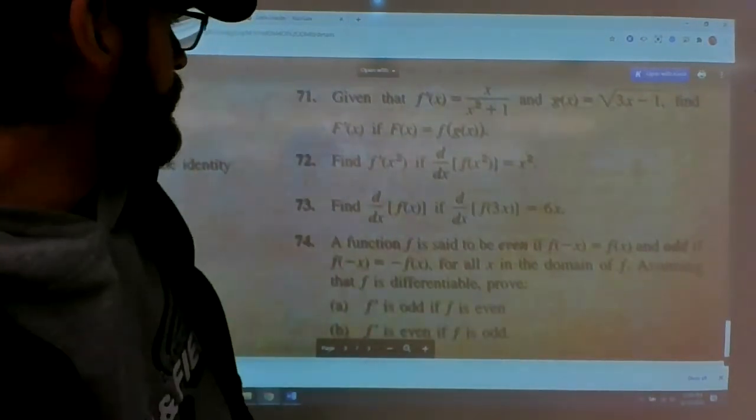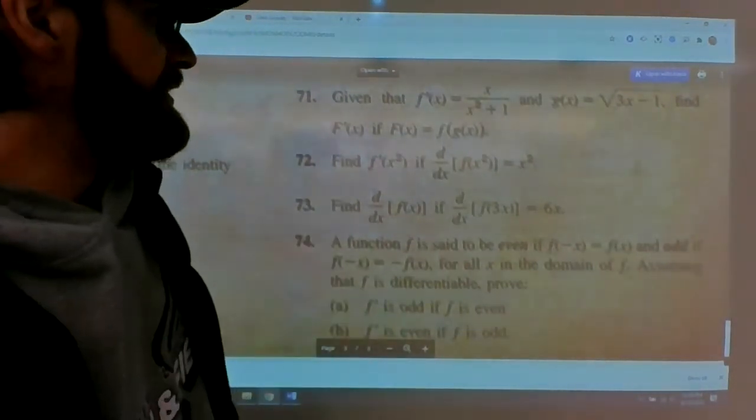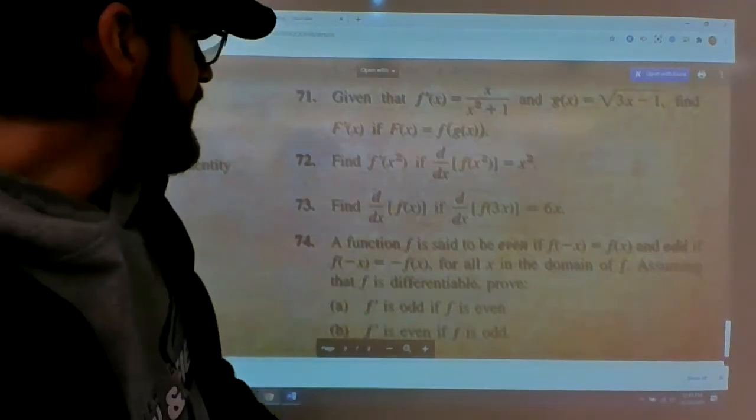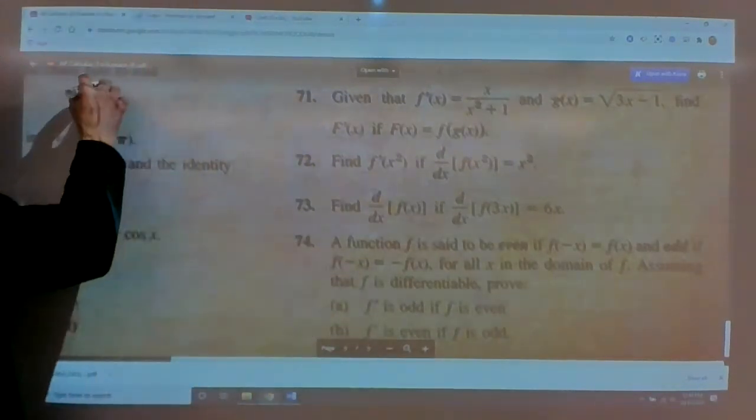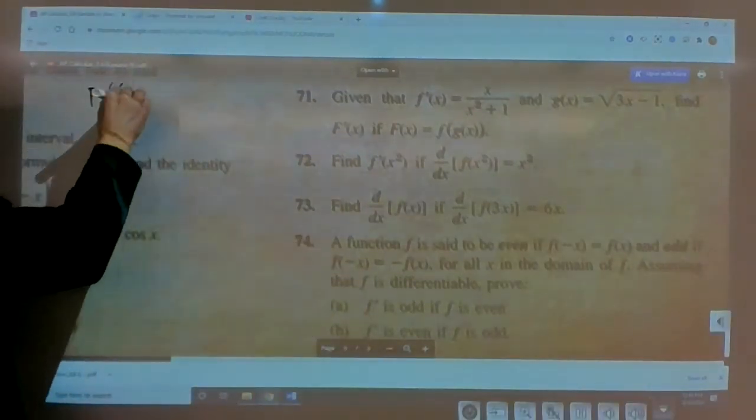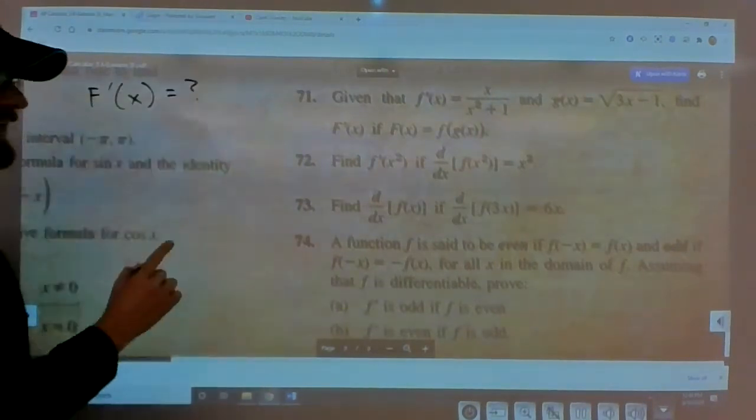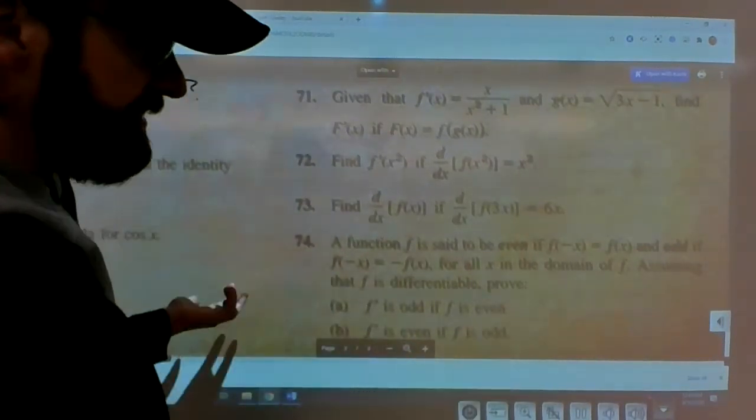All right, what's 71 saying? 71 is saying find f prime of x. If it's just f of g of x.